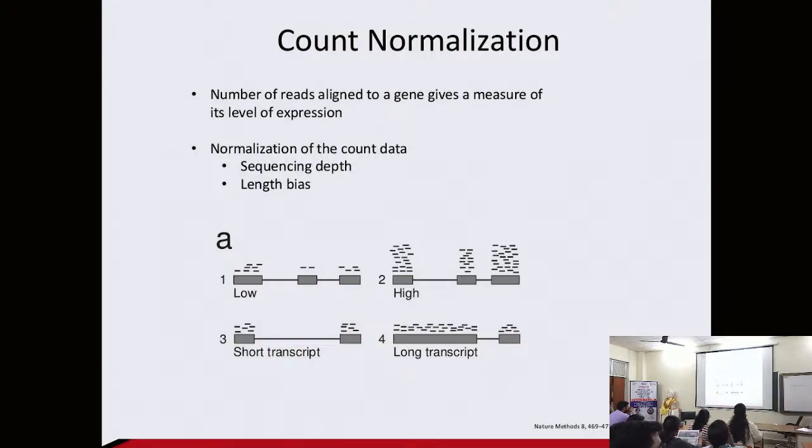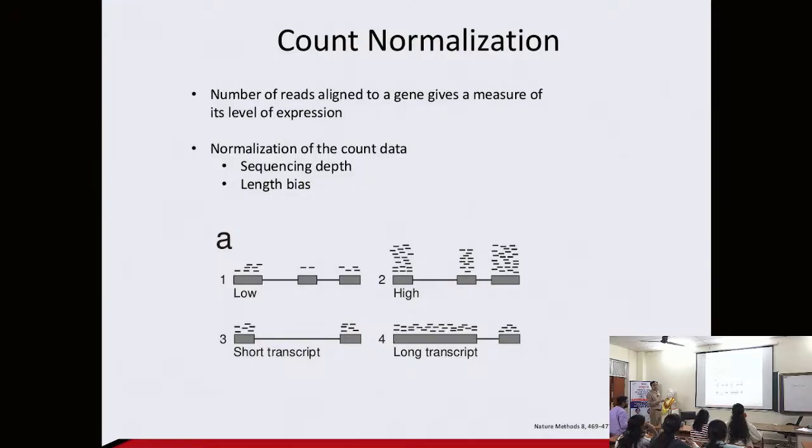Then more reads could arise because of higher sequencing depth, not because the transcripts are expressing more. So you have to normalize with respect to sequencing depth.